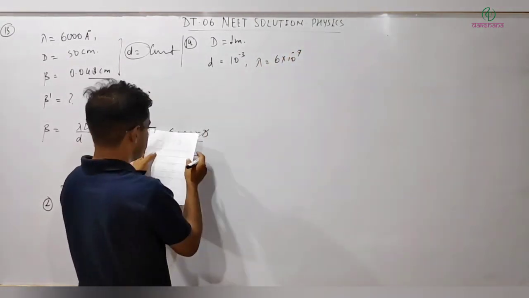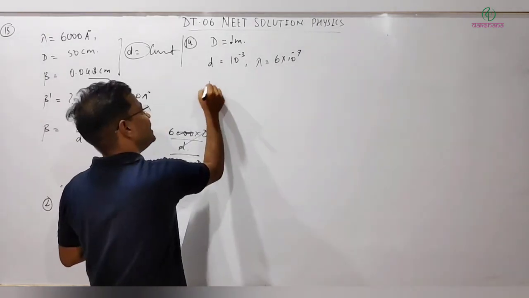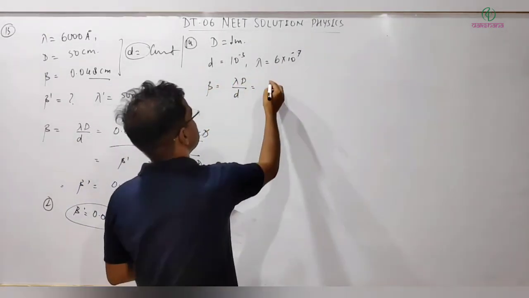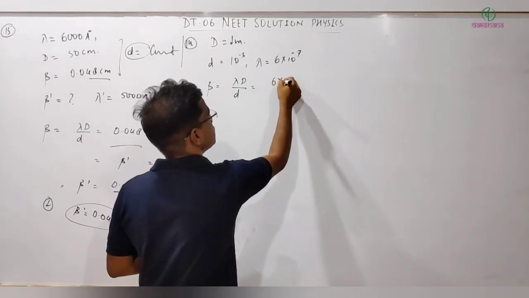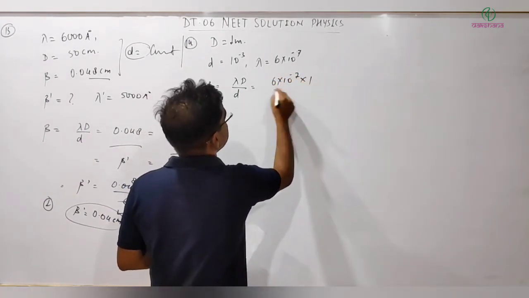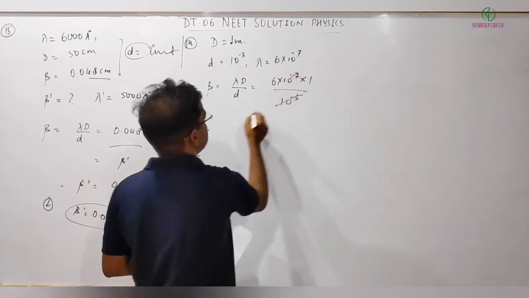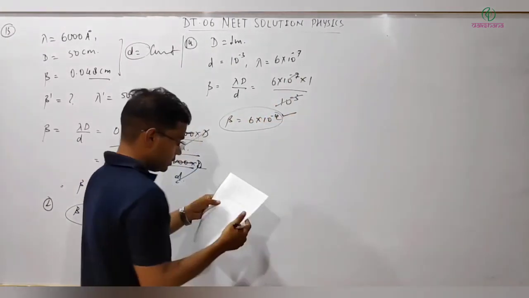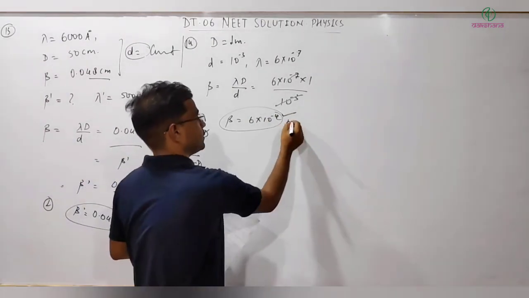Now it's talking about fringe width. So beta is equal to lambda capital D by small d. Simple straightforward formula based problem. Lambda is 6 into 10 to the power minus 7 multiplied by capital D divided by 10 to the power minus 3. So beta is equal to 6 into 10 to the power minus 4. This is your answer, given in meter.